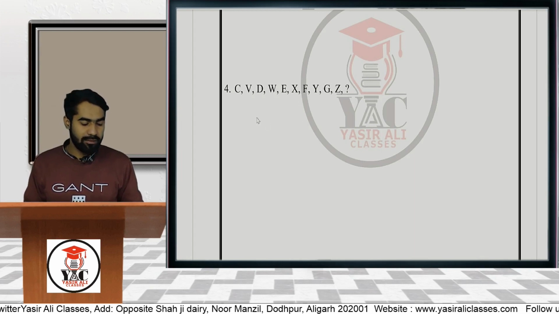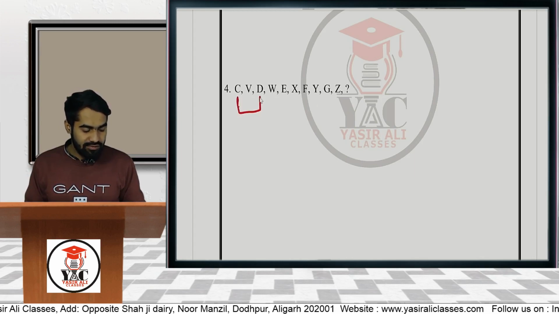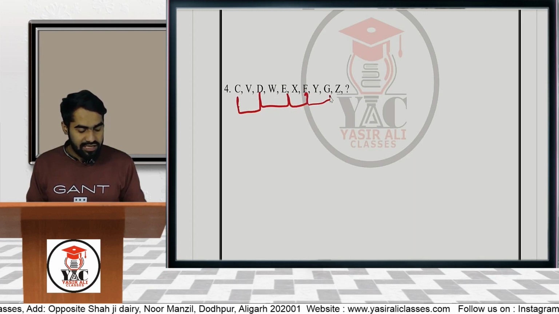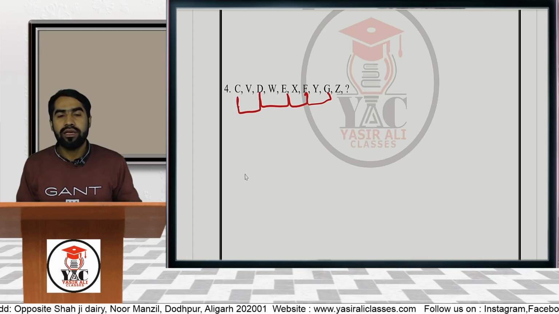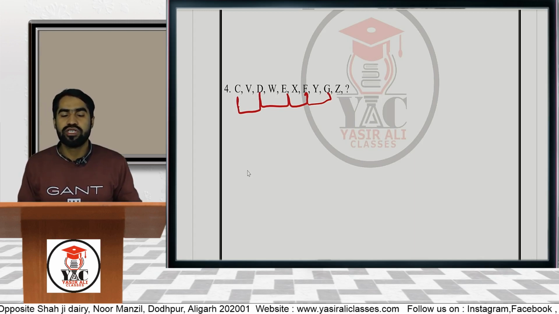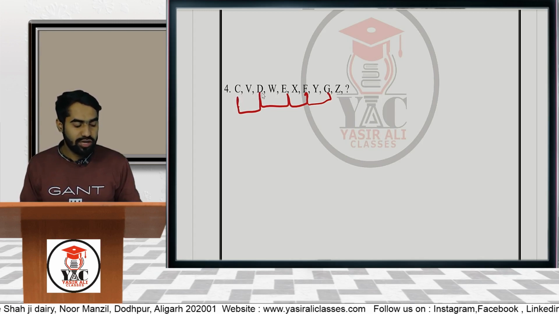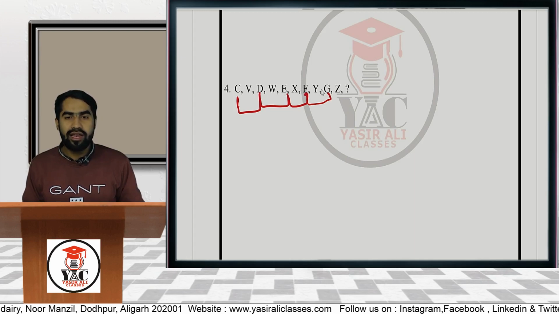So if you put their numbers, you can see easily that C has a relationship with D, D with E, E with F, F with G, which means the letters on the odd positions, like C on the first position, D on the third, E on the fifth, F on the seventh.